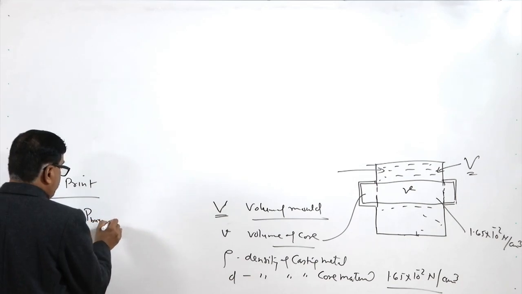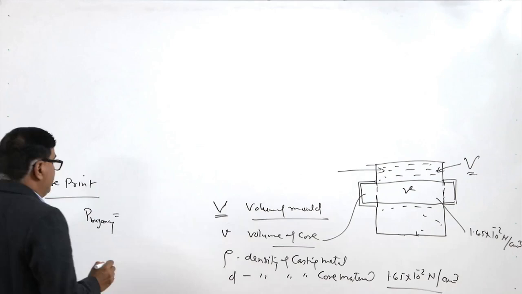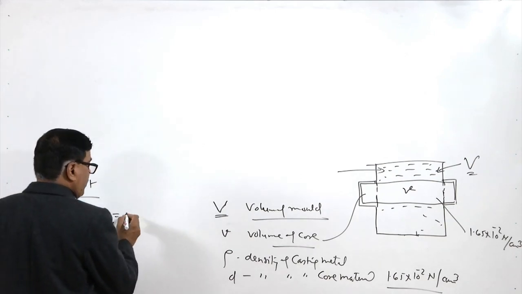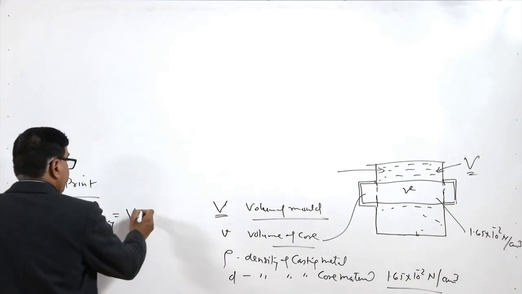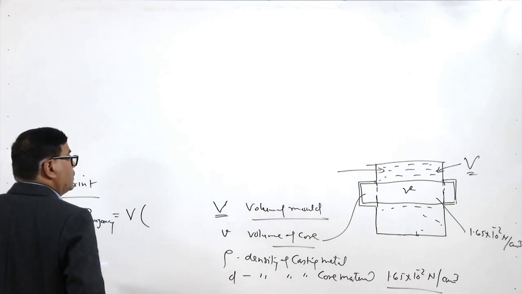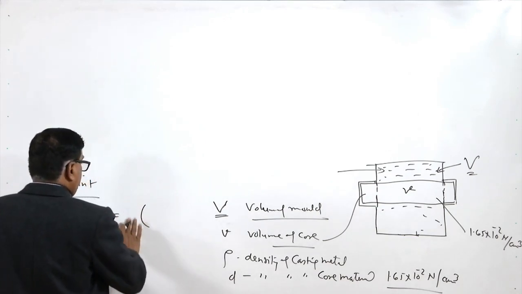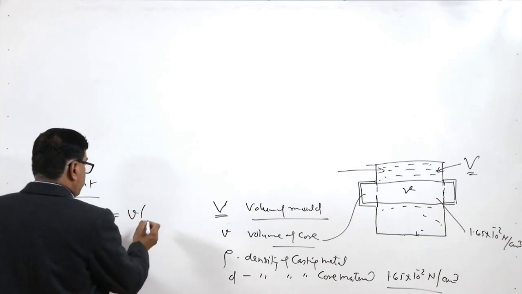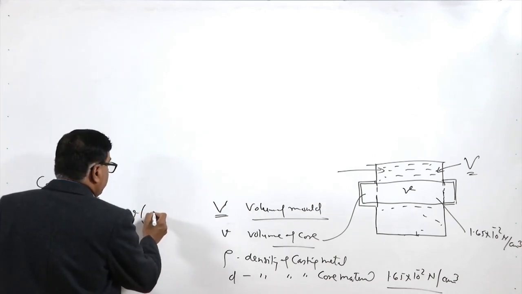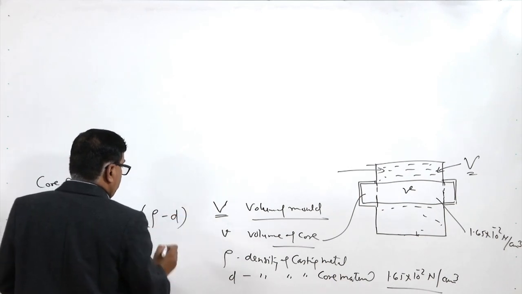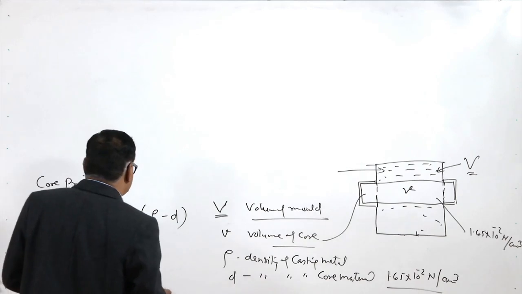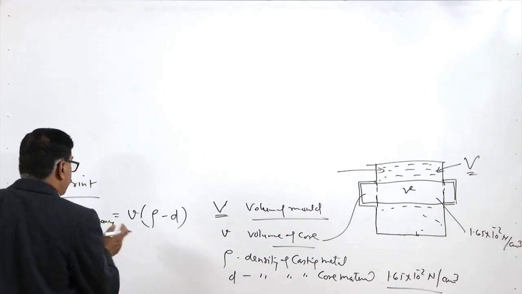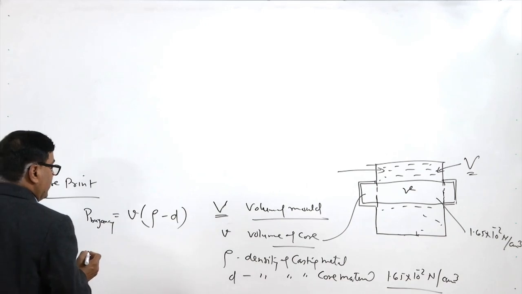The buoyancy force P can be determined from the volume of the core, small v, into the density of the molten metal minus the density of the core sand. This is what is used for determining the buoyancy force which will be acting.